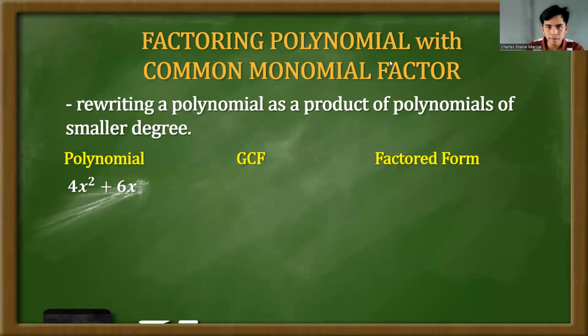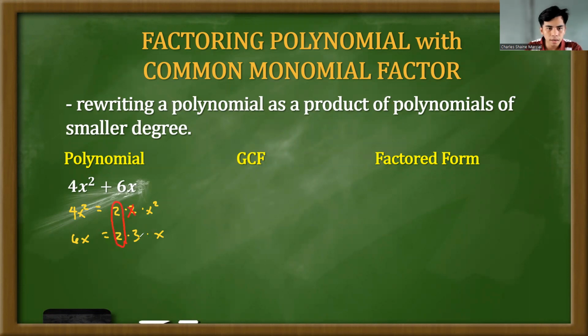Sige, hanapin natin. So, dito itong 4x squared and 6x. Dito sa 4, we have 2 times 2 times x squared. Itong 6x naman, we have 2 times 3 times x. Now, kunin na natin yung common factor ng dalawa. We have 2.